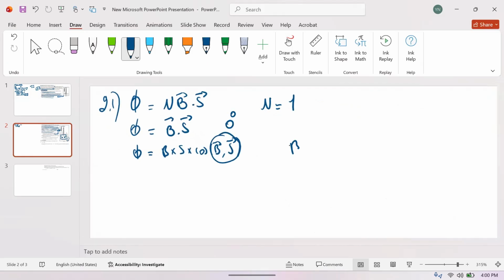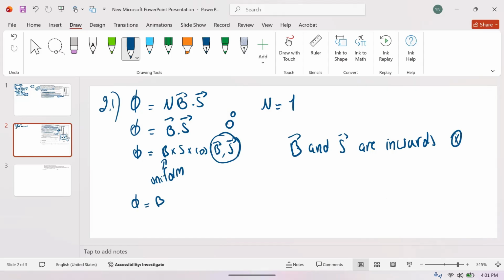Why? Because B and S, both of them are inwards. They have a circle with an X in it. Now, my first problem is gone. My second problem is B. They mentioned in the given it's uniform, so it's not changing. It's not my problem here. So B will be kept.